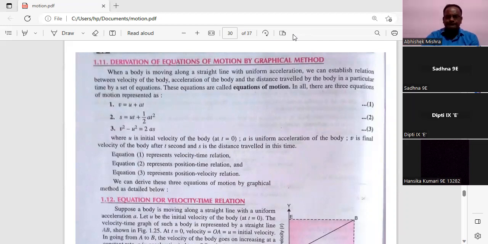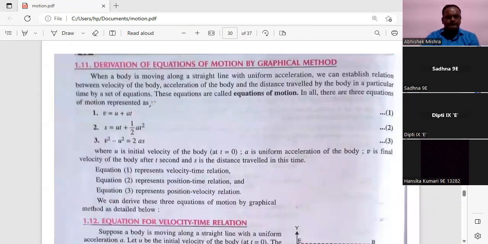What are the three equations? V is equal to U plus AT, where V is the final velocity, U is the initial velocity, A is the acceleration, and T is the time taken.